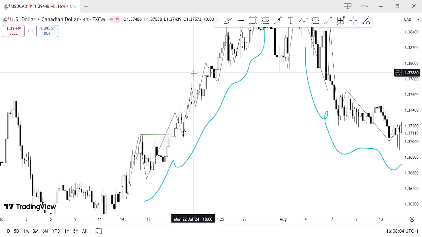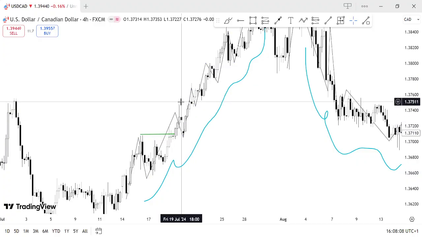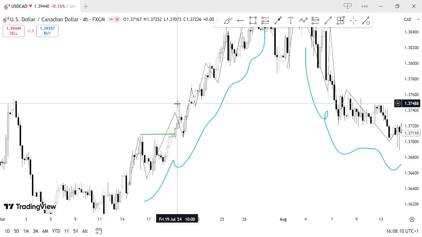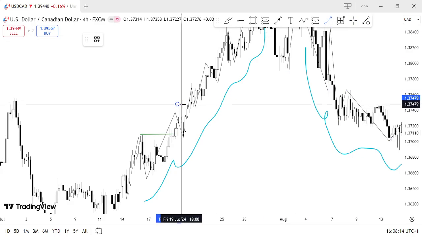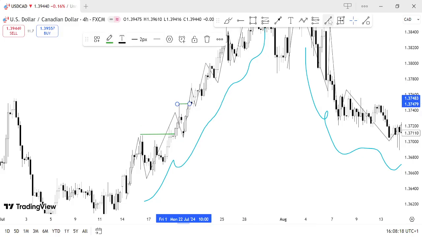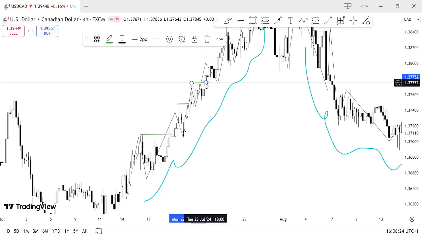This impulse right here is taking out this previous high. So that's a break of structure to the upside also, and that happens in an uptrend. So we are breaking to the upside. You can see this high again taken out by this body right here. We are breaking into the upside.